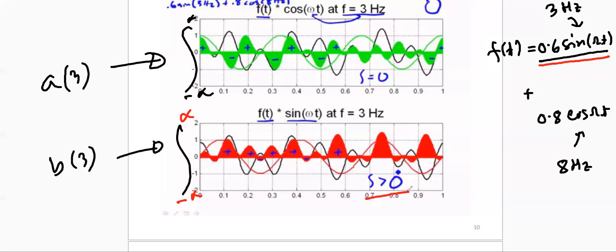So what does it mean? It means that at 3 Hertz, or 2π into 3, so at 6π on the omega axis, we have that frequency. Let's say we are writing the magnitude response.